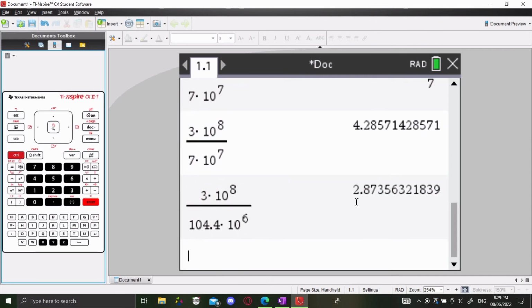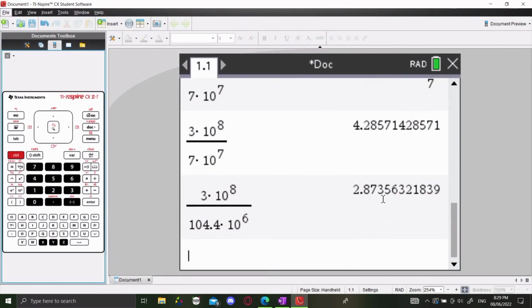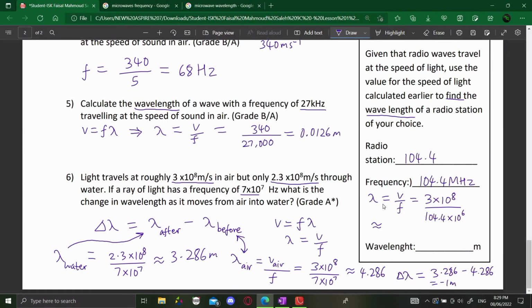So that comes out to be 2.87. Actually, I'll just leave it as 2.87. Maybe 2.874.